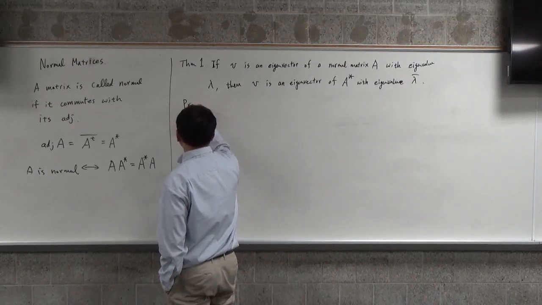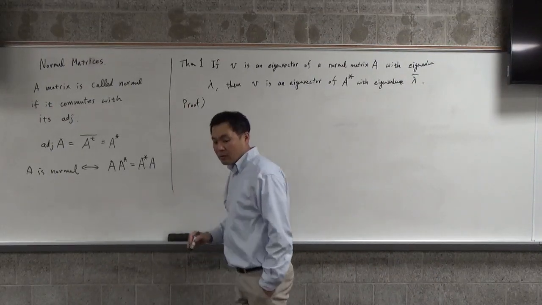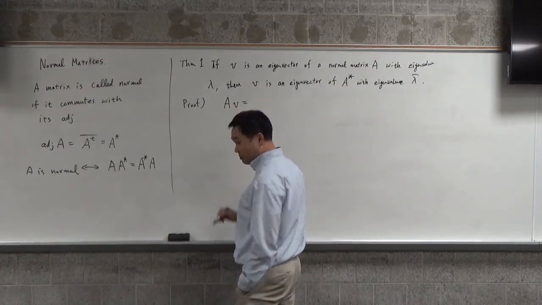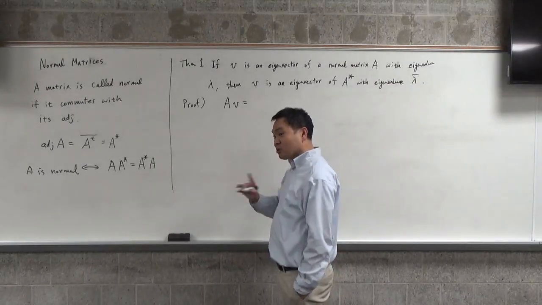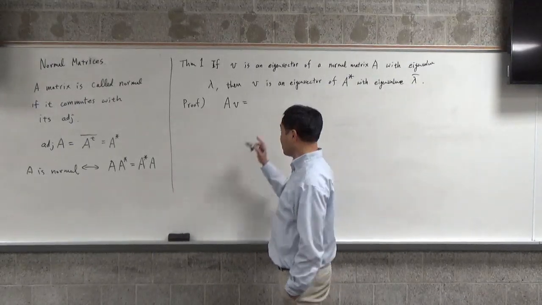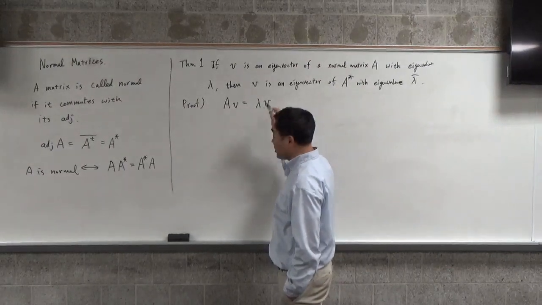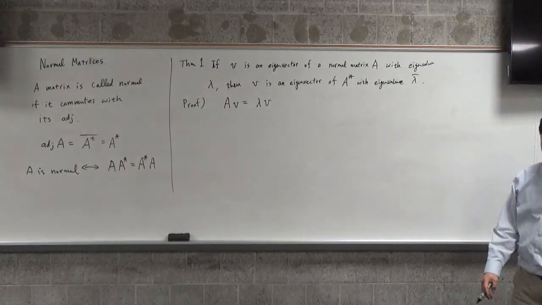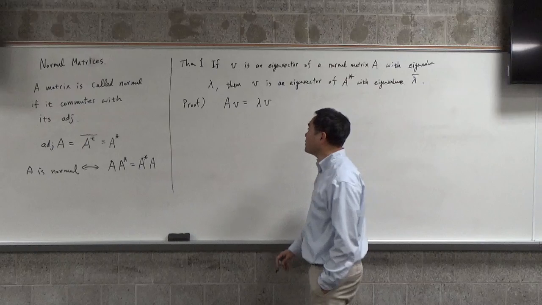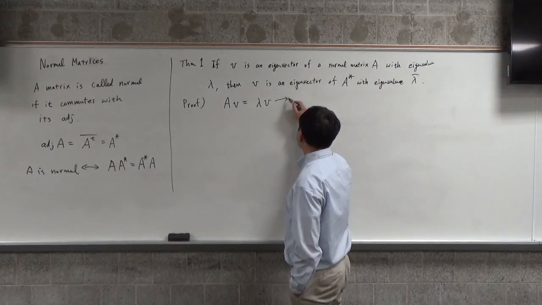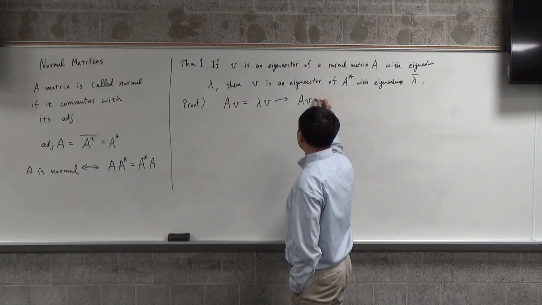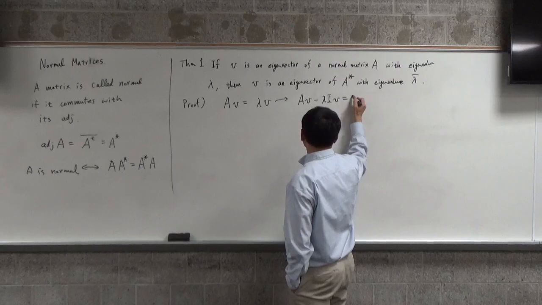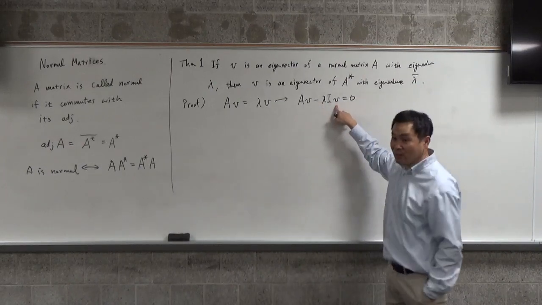Proof. What is an eigenvector? That means when A is applied to that eigenvector, it doesn't change direction, it only changes its size, right? And the change in size is done by a multiplication by a number. That number is called the eigenvalue. And I can rewrite this as Av minus lambda Iv equal to 0. So I'm just rewriting v as Iv.